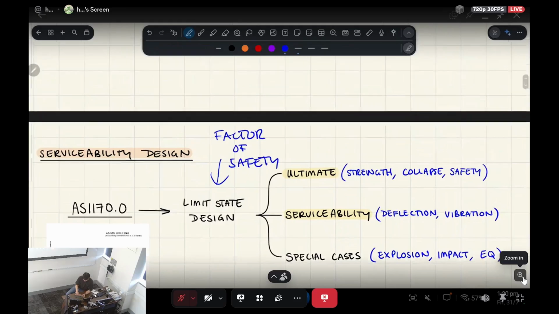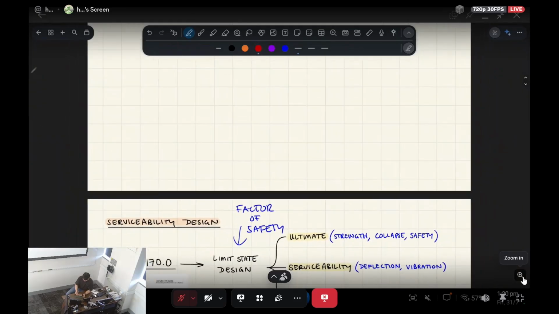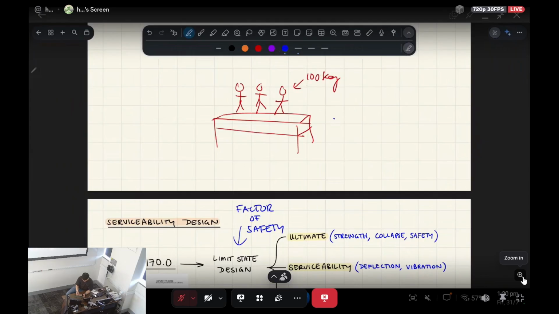So I'll quickly recap on how it works. If you've got a scaffolding system, for example, and you have workers on it, and each of these workers weighs 100 kilos, this scaffolding system, if you design it to just resist 300 kilos, it'll probably break for various reasons.